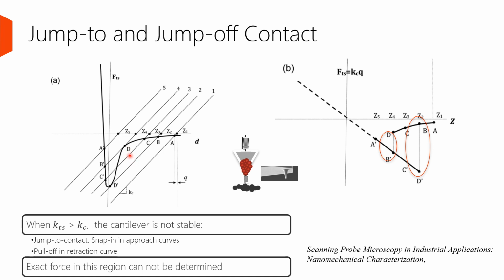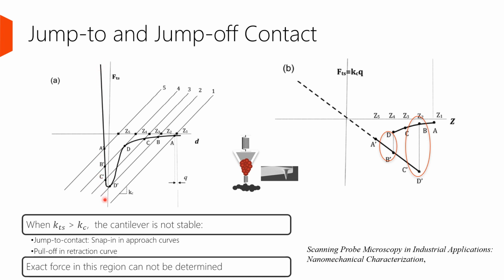So in this position, the cantilever is not stable because KTS at this position is larger than Kc. So the cantilever searches for its next equilibrium state. It jumps from D to B prime in the forward modulation. This is the so-called snap-in effect, or jump to contact.